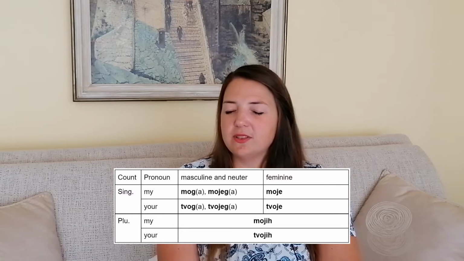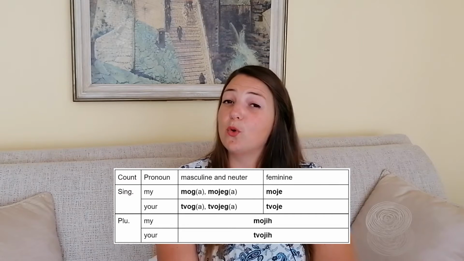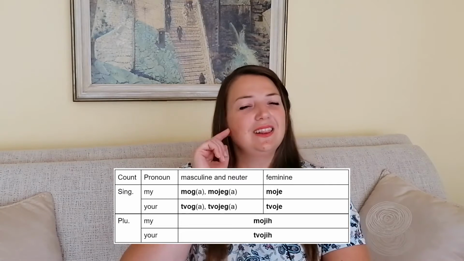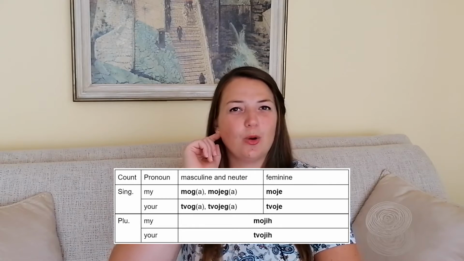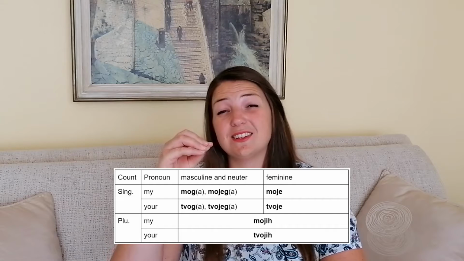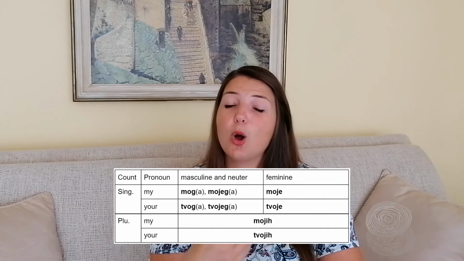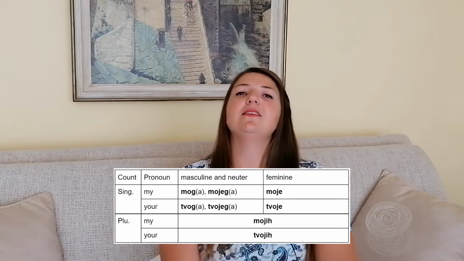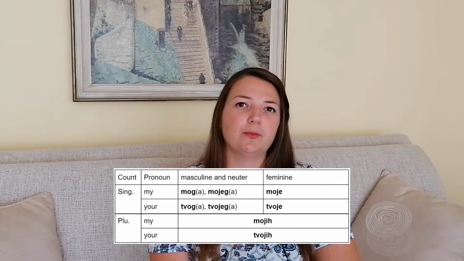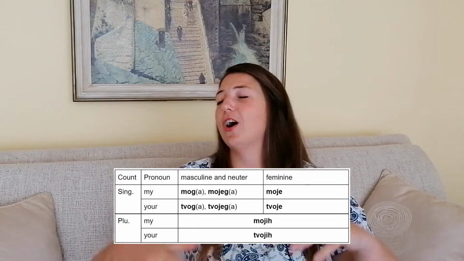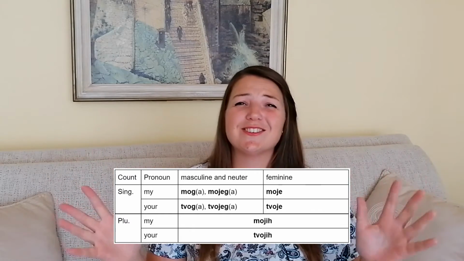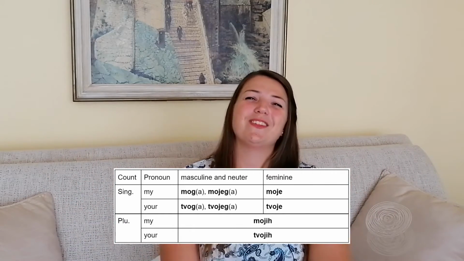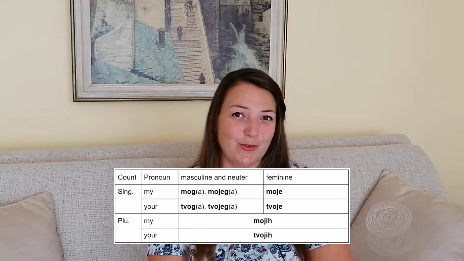Now, again, even though it does have the same form as the nominative, listen, it's a little different. The word is a little longer. Moje, tvoje. Okay, and the plural form for all three genders is the same. Mojih and tvojih.